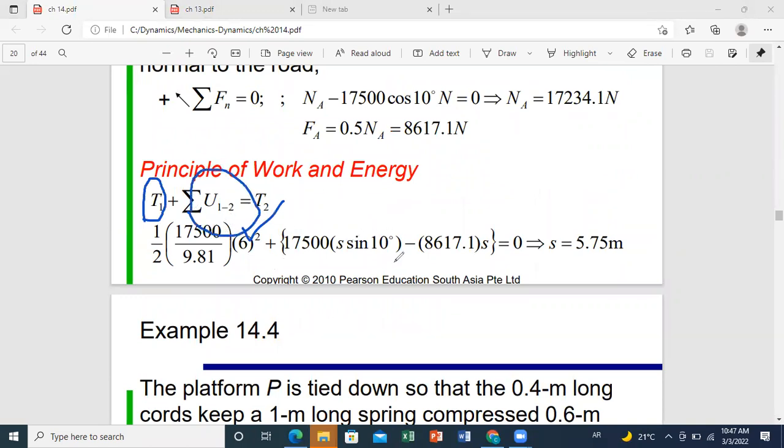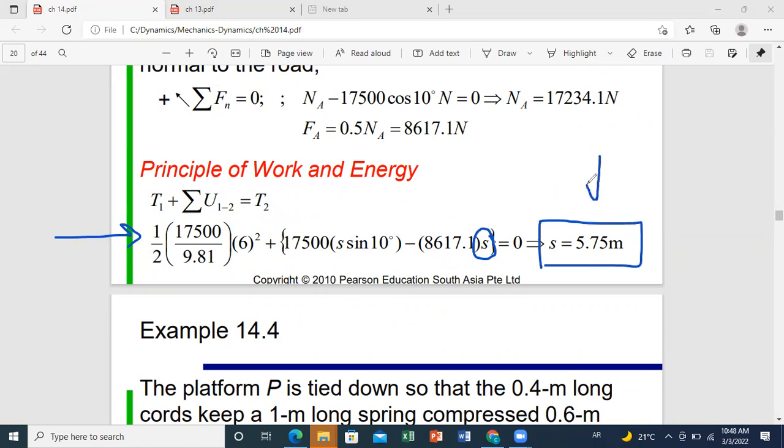We have determined together the work of the weight, which is positive, and the work of friction, which is negative, and both are functions of s. This is equal to the final kinetic energy, which is 0, because I have to stop my car at the final state. As you can see, the only unknown in the principle of work and energy will be the displacement of your car. So you can calculate the value of s. This is the distance needed for the car to stop.